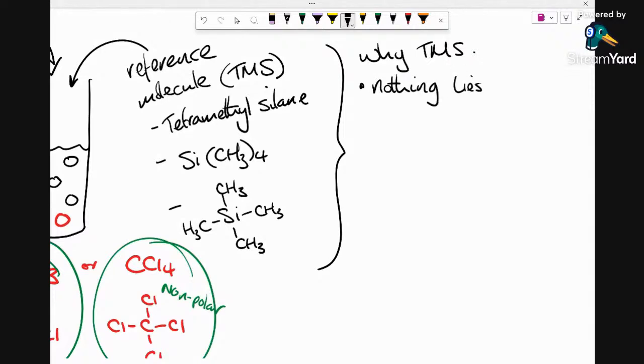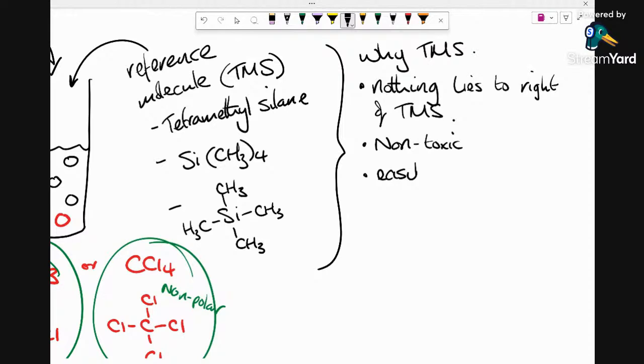Nothing lies to the right of TMS. Next one is that it's non-toxic. That's always really useful. The next thing is it's easily removed. That's always a good one.